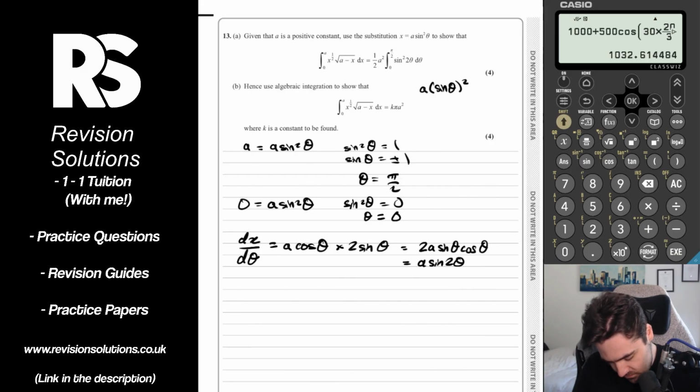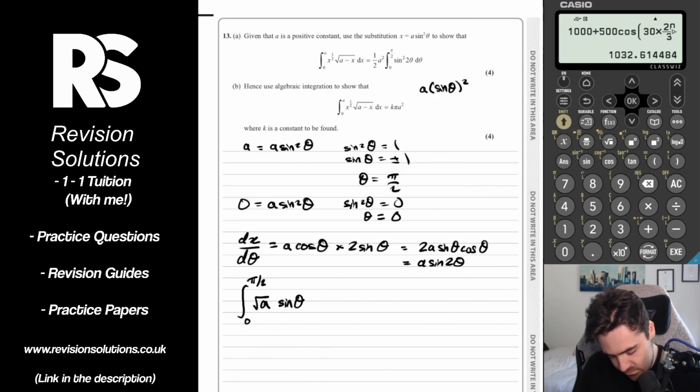So our integral we now know is from 0 to pi on 2. And it's x to the half, so it's the square root of our substitution. So that's root a times the square root of the sine squared, that's just sine theta.